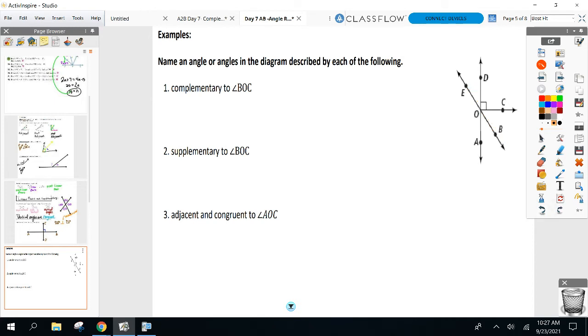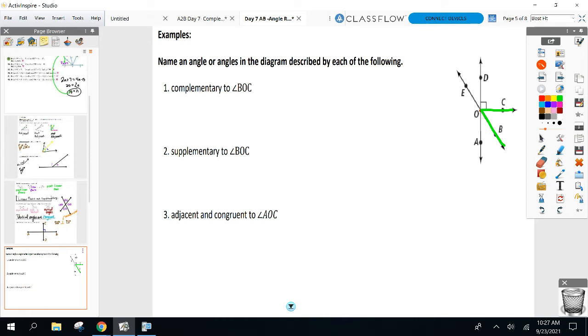D. All right, relax. Okay, I take that angle and I take BOC. Does it look like it's going to form a right angle? I don't think that's going to form a right angle. All right, is there any other angle next to BOC that I definitely know is going to form a right angle?